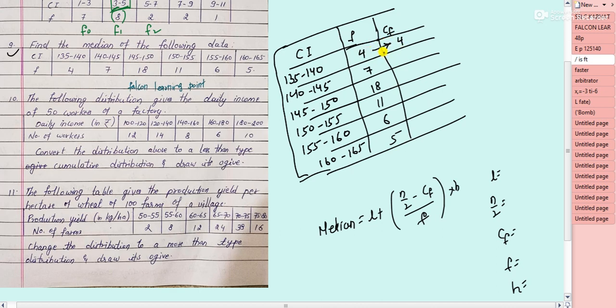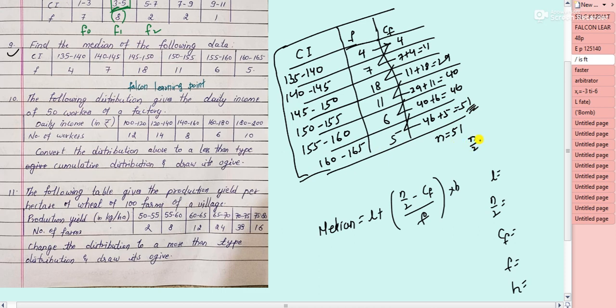Now keep adding with the next one. 7 plus 4, 11. Next 11 plus 18, how much is that? 29. Next 29 plus 11, it is 40. Next 40 plus 6, it is 46. 46 plus 5, it is 51. So this is your n. Got it? n is 51.